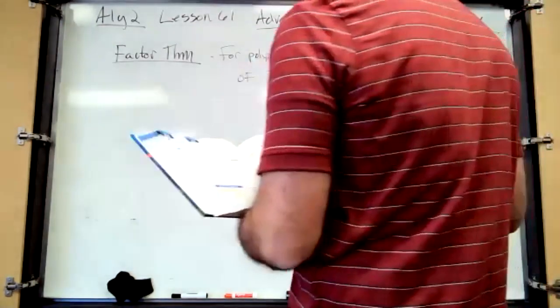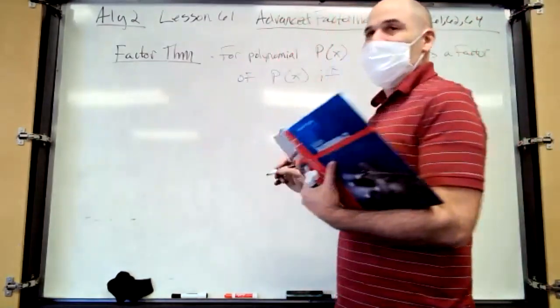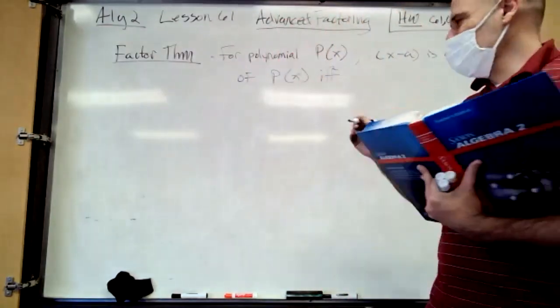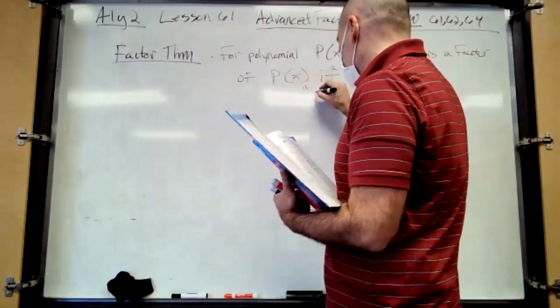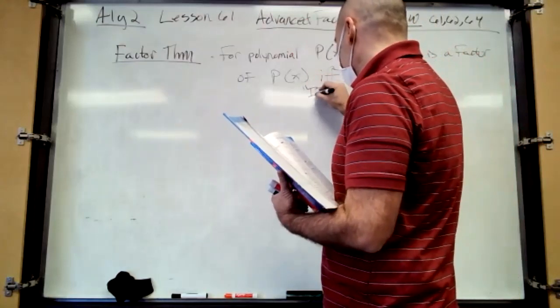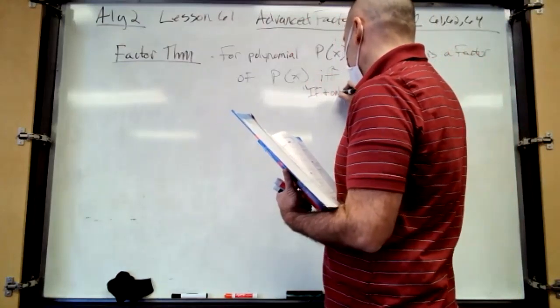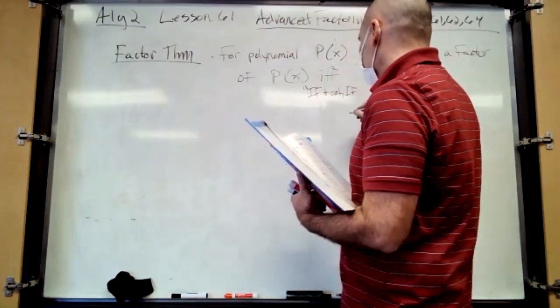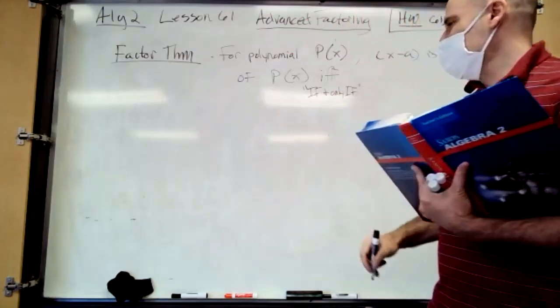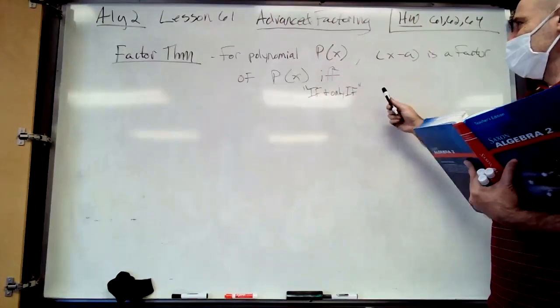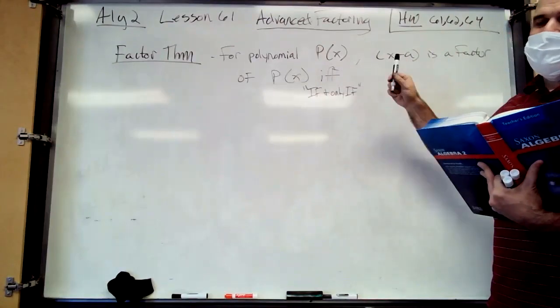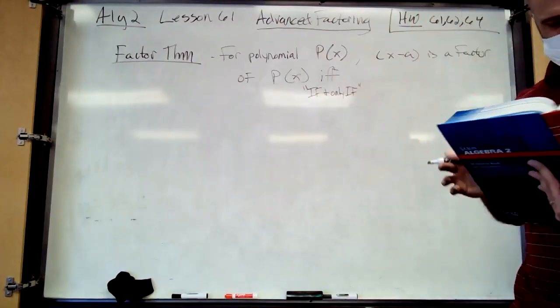Thank you. So this IFF is just a symbol for if and only if. If you guys are in geometry, you know that if and only if means that it's reversible, like the then statement and the if statement can be reversed, okay?